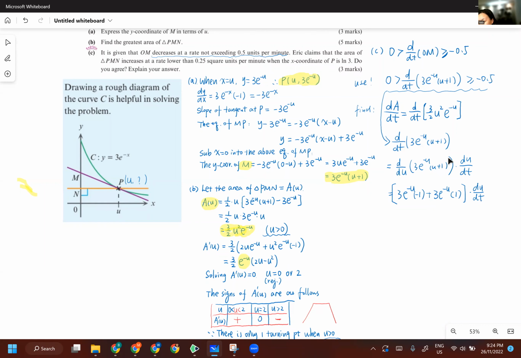Now to differentiate this, you need to differentiate the first function. Sorry, I'm wrong. You need to differentiate the first function, copy the second function, and then plus copy the first function, differentiate the second function.